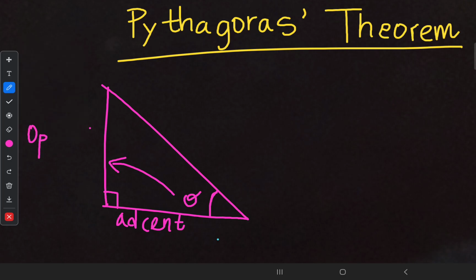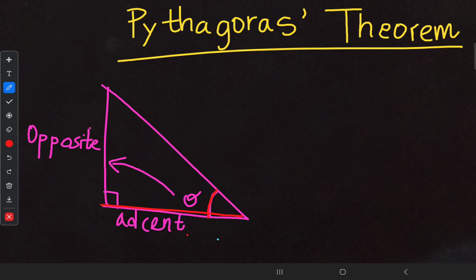There are three major things in this Pythagoras theorem: the adjacent side, the opposite side, and the hypotenuse. First, we cannot classify any side as adjacent or opposite by itself; with respect to an angle, we can classify the sides accordingly.